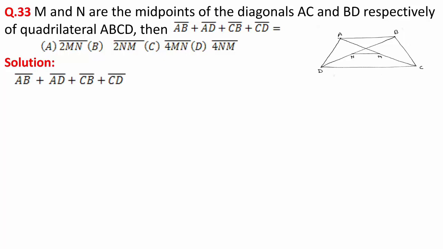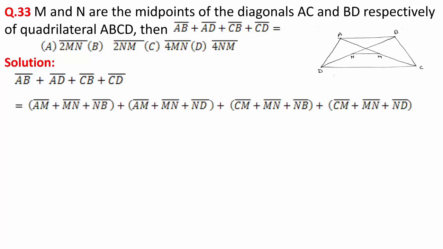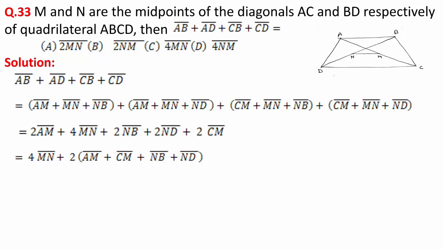Therefore, AB plus AD plus CB plus CD is AB is AM plus MN plus NB, plus AD: AM plus MN plus ND, plus CB: CM plus MN plus NB, and CD: CM plus MN plus ND, which is nothing but 2AM plus 4MN plus 2NB plus 2ND plus 2CM, which is nothing but 4MN plus 2 times AM plus CM plus NB plus ND.